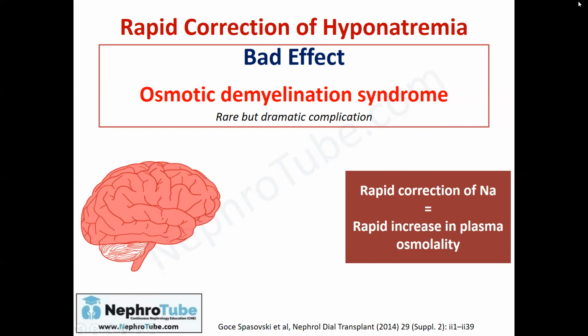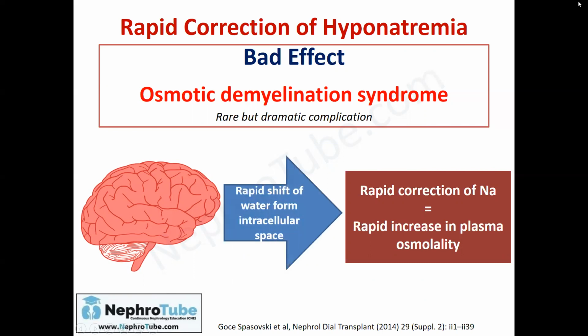So if there is rapid correction of sodium, this will lead to a rapid increase in plasma osmolality, which will cause rapid shift of water from the intracellular space, from the brain, to the extracellular space, because the brain cannot re-uptake its osmoles that it already got rid of to adapt to hyponatremia. And this will cause brain shrinkage and demyelination.